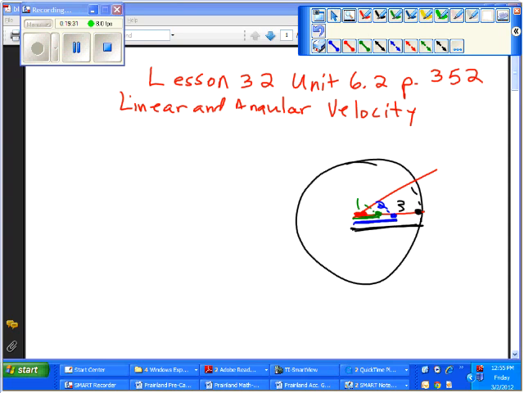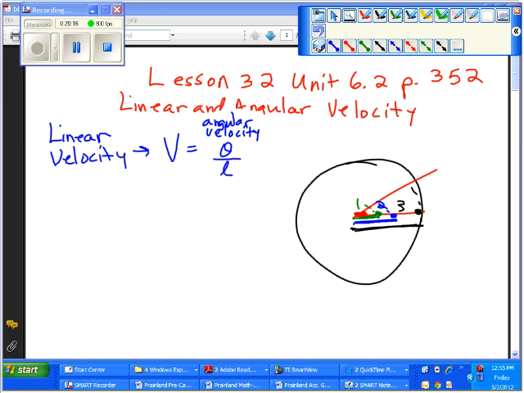Okay, so the linear velocity, the velocity at which that object is traveling, which we will call v for linear velocity, is going to be what we already had, our angular velocity, which was theta divided by time.